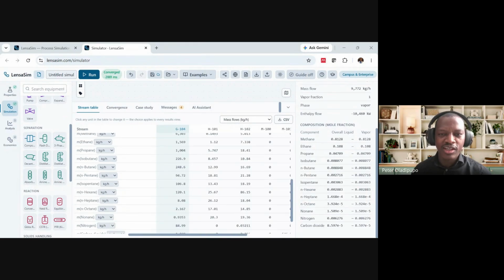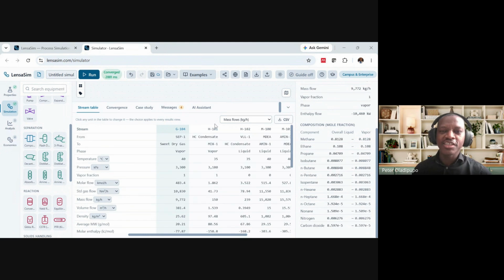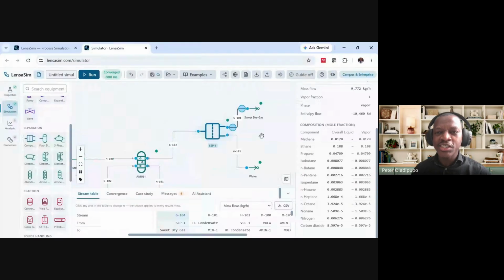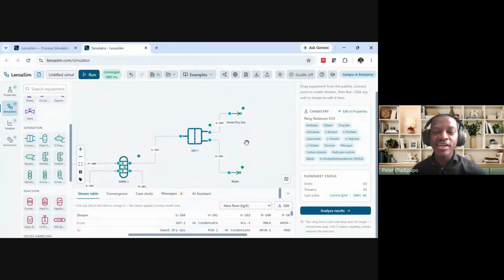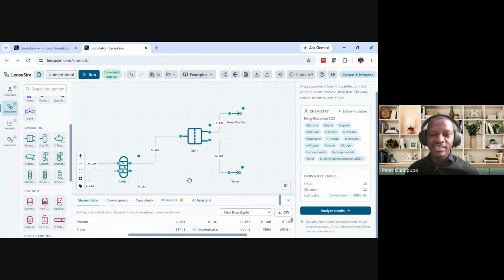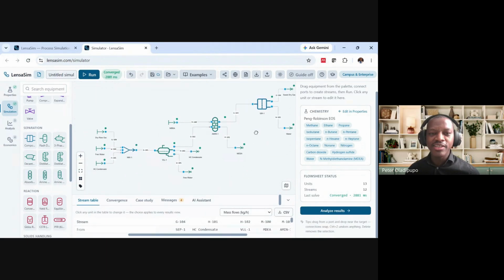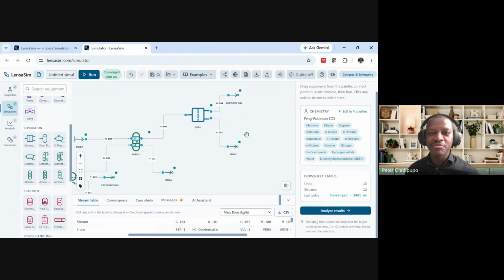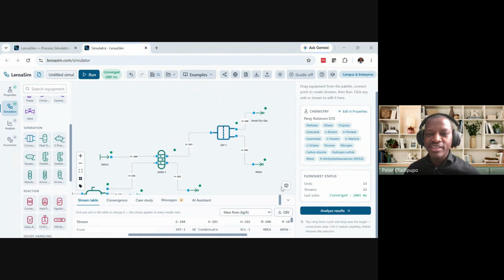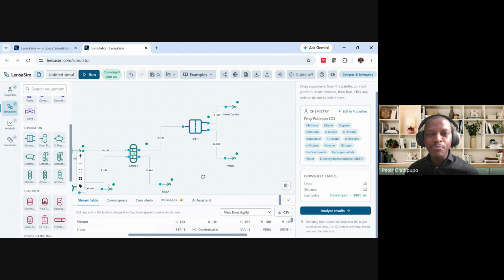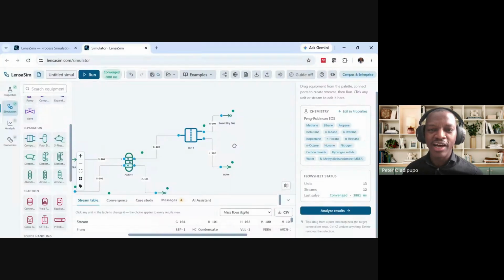Just some CO2 is left. So essentially, we now have what is called a sweet dry gas stream that is ready for the next step in the process of converting flare gas to olefins. So that's what we have now.